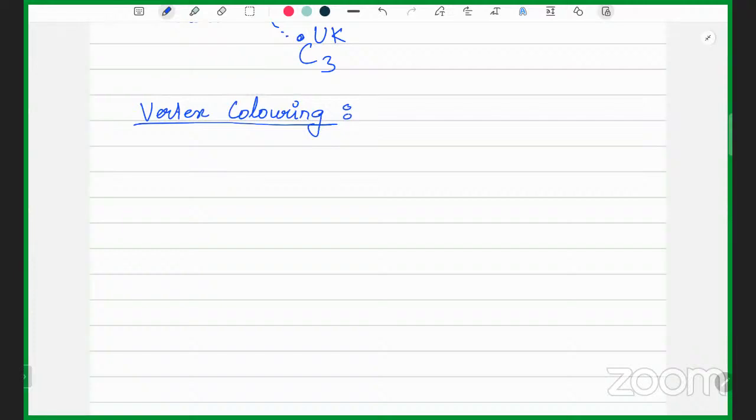So suppose I take a function from the vertex set of a graph to some finite set. And now, what is this function supposed to do?